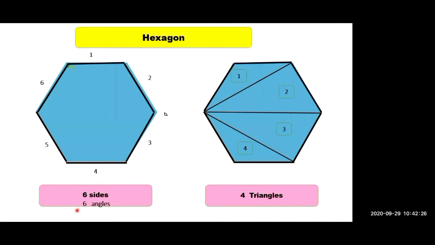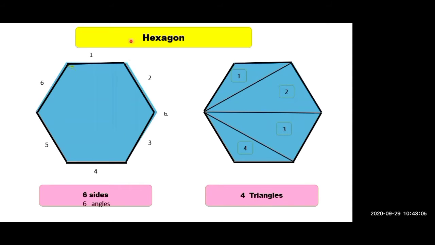6 sides, 6 angles. Okay, because we know that number of angles are equal to number of sides in a polygon. Now if we draw one diagonal from the common point to this point and to this point and to this point also, then we will get how many triangles? 1, 2, 3 and 4. 4 triangles.